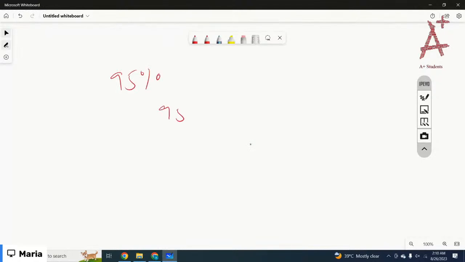That means you have 95 out of 100, right? So you can write the answer in percentage form, that would be 95%, and when you divide it would be 0.95, right?